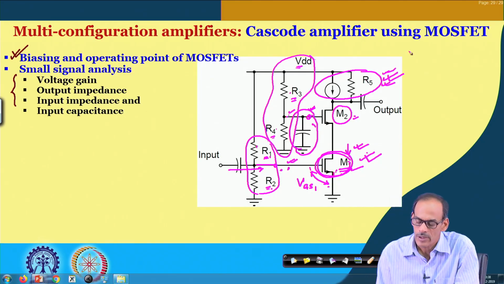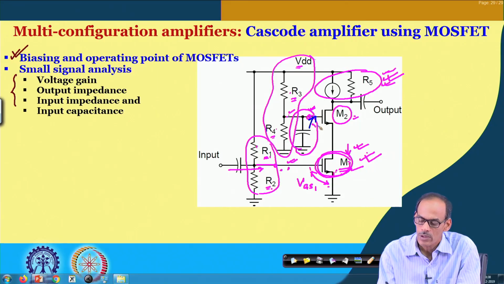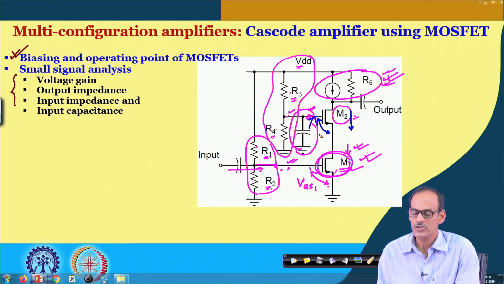On the other hand, while we are providing the gate bias at the gate of M2, then to support this current, it self-adjusts its VGS2.